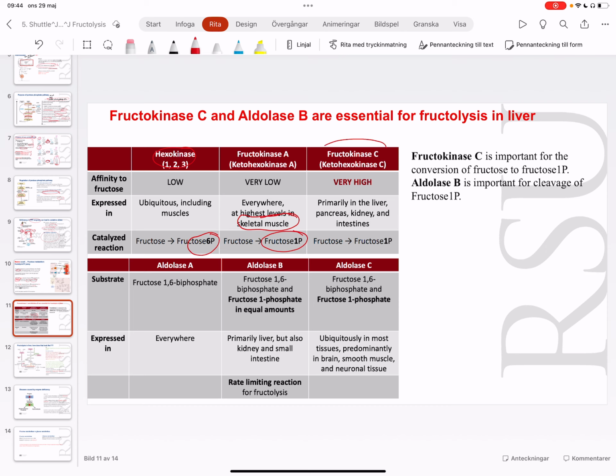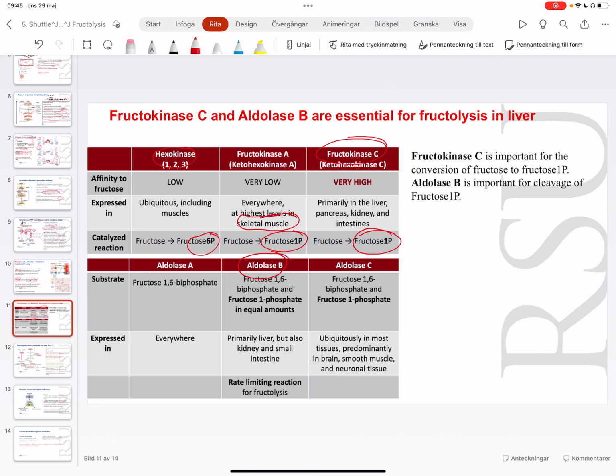Lastly, we have fructokinase C, and this we have to remember. Fructokinase C, which exists mainly in the liver, will be able to convert fructose to fructose 1-phosphate, or phosphorylate fructose to fructose 1-phosphate. And when that happens, the next step would be to cleave fructose 1-phosphate, and the cleavage of this molecule can be done by aldolase B in the liver.